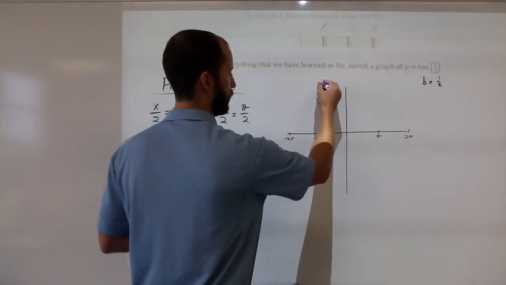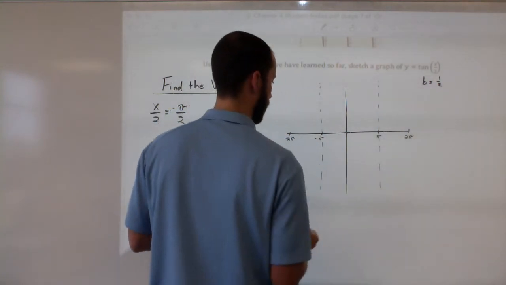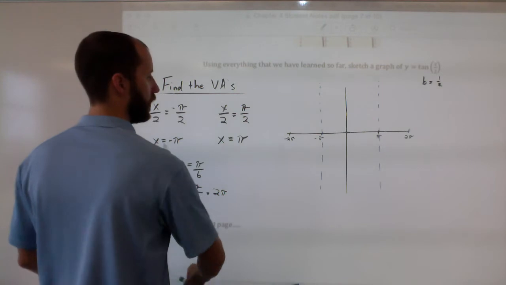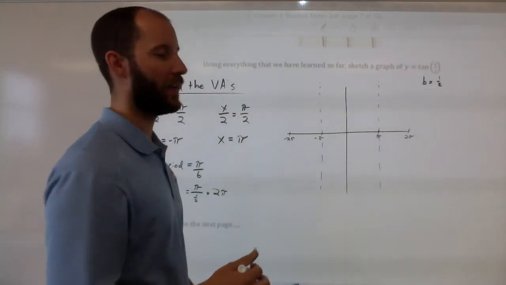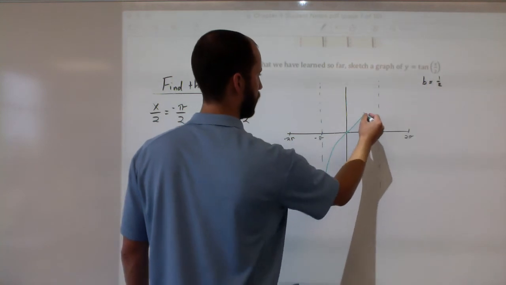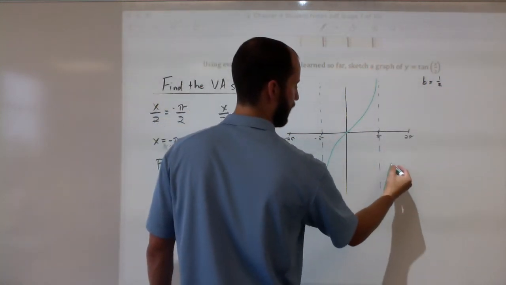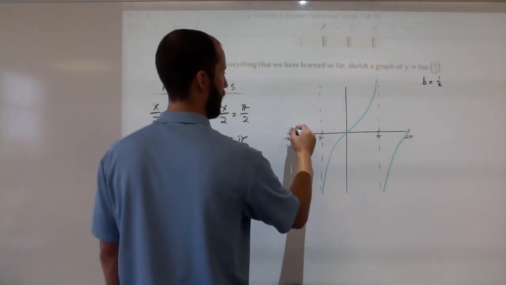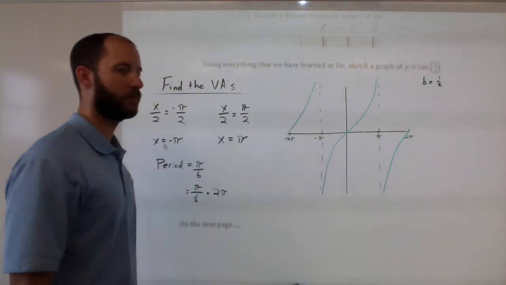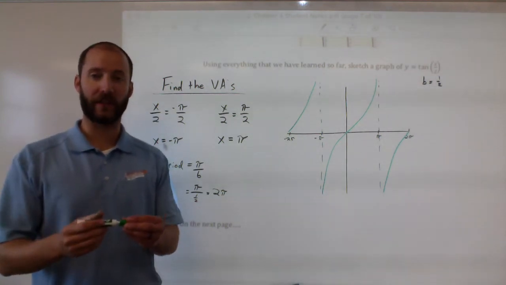So our vertical asymptotes are now negative pi and positive pi. And we'll just put those tangent waves in between. So from this vertical asymptote through the origin to the next. Here we'd see the bottom half of one of those. Here we'd see the top half of one. And we have a good enough graph for tangent just based on those vertical asymptotes.